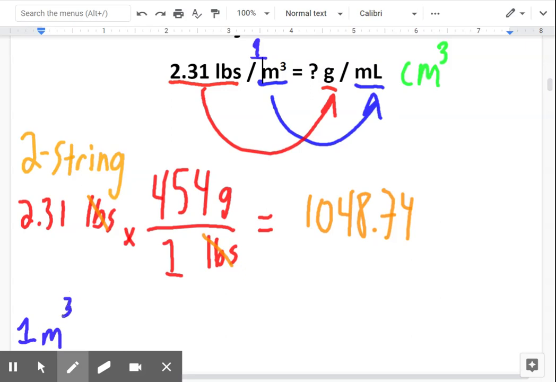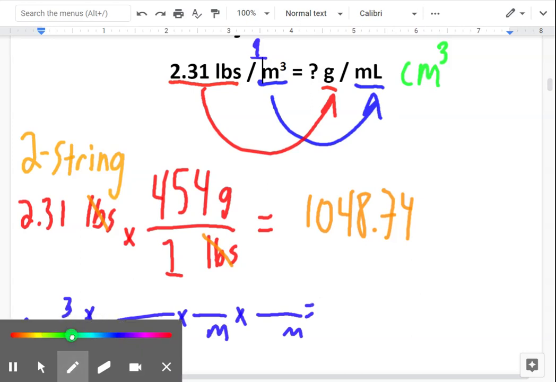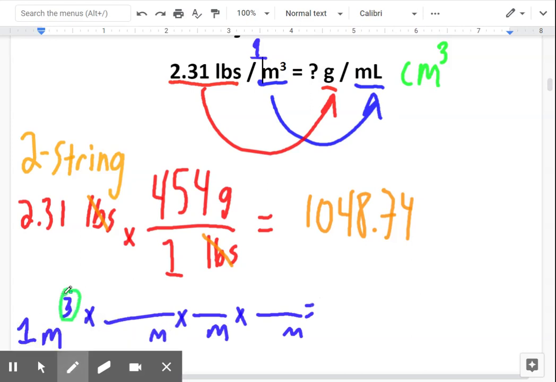Now, when I do this 1 meters cubed, I'm going to times line. I'm going to bring meters down. But I'm not going to just do it once. I'm going to bring meters down once, twice, 3 times. And the reason I'm going to do that is because there are 3 of them right there.